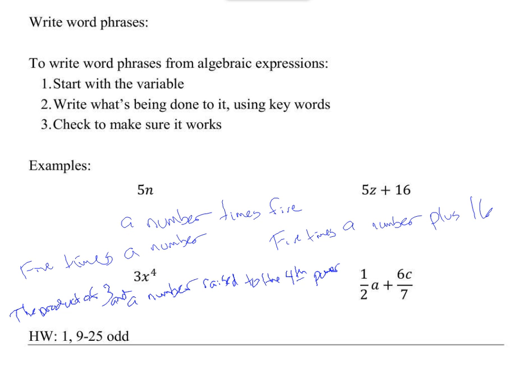So, how about the first one? That's logical. So, for the first one, we're going to say what? A number. What's happening to that number? Okay, it's being multiplied by 1/2. So how could I say that? Okay, 1/2 times a number. Is there another word we could use? Of. We could use of.